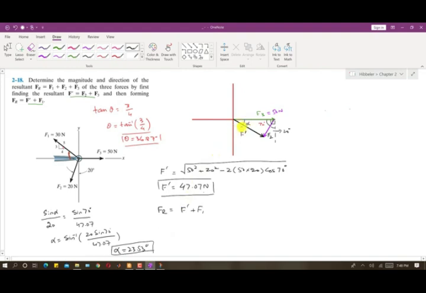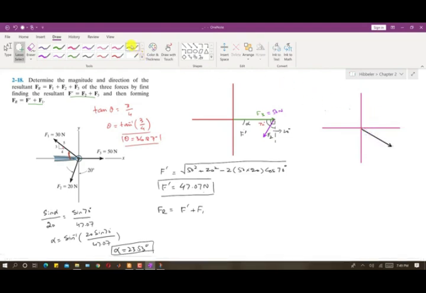So now we have to find the resultant of F dash and F1, right? So again I have to draw another diagram. Let's say that we have this axis now, and F dash, let me put this F dash here, right? So this F dash is making alpha angle, 23.53 degrees.